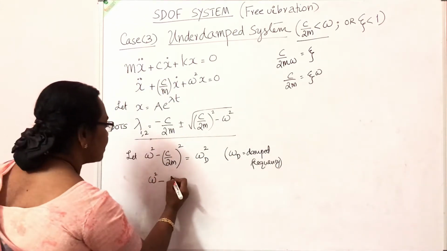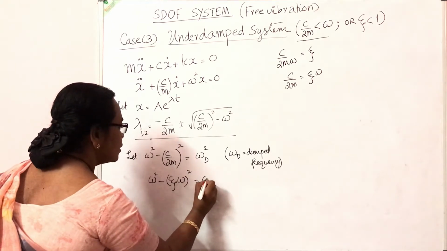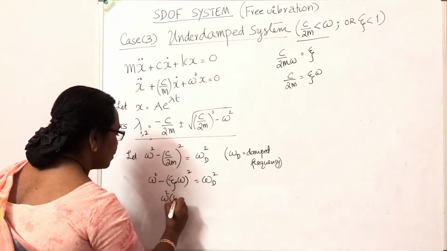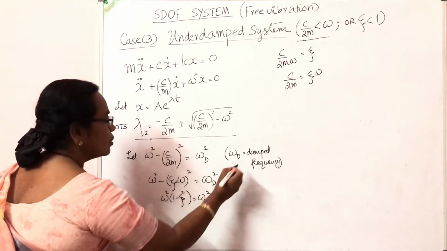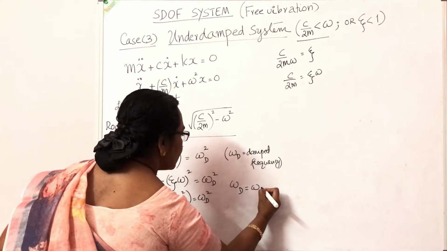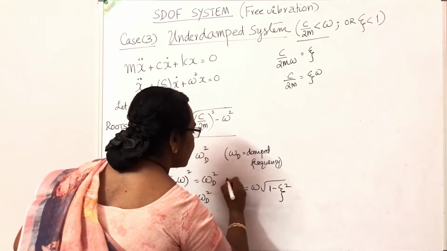So omega square minus psi omega the whole square is equal to omega d square, or omega square into 1 minus psi square is omega d square, or this damped frequency omega d is omega times the root of 1 minus psi square.